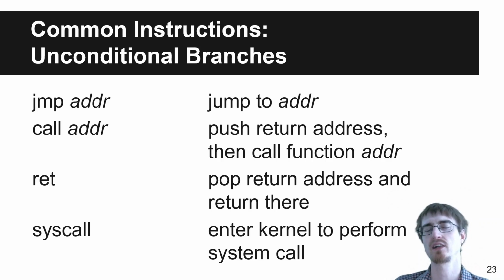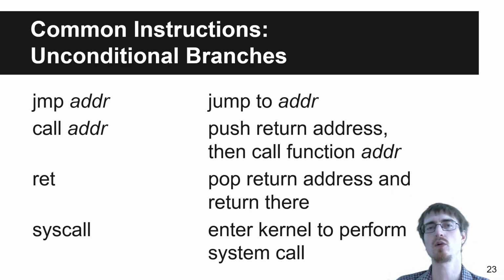Essentially, a branch can also be considered a write to the instruction pointer RIP. So the first jump simply jumps to the specified address, or in other words, it sets the instruction pointer to the address. Call will push the return address, that is, the address of the next instruction after the call, and then go to the function.